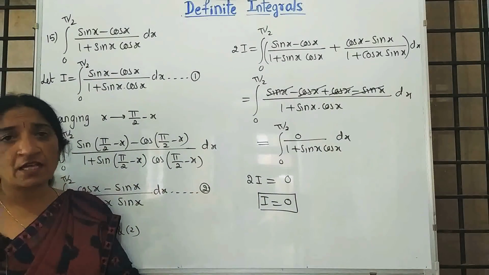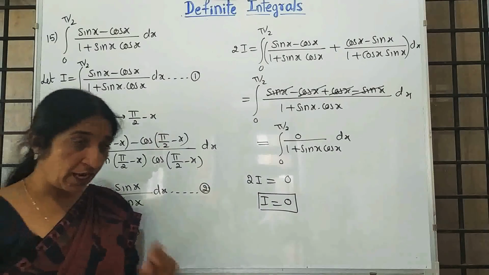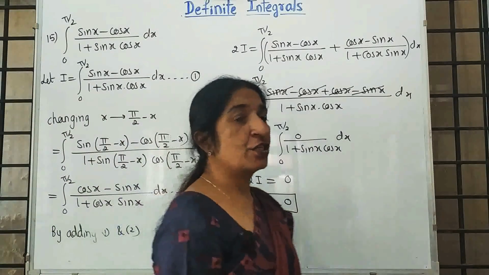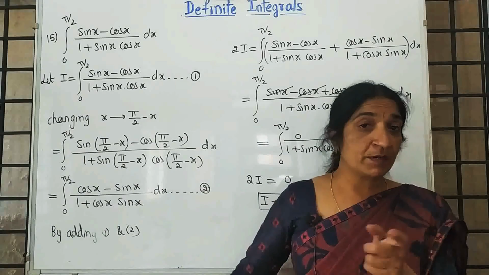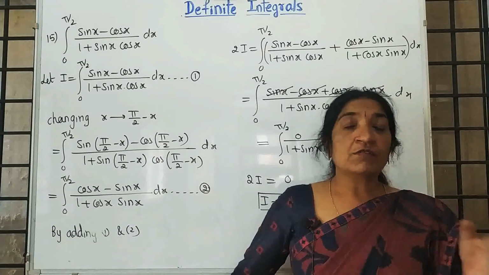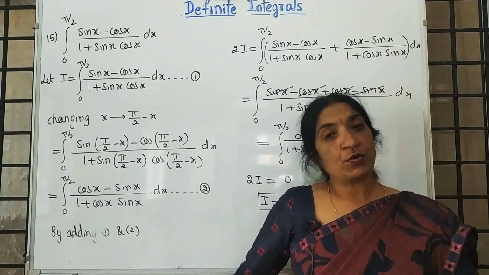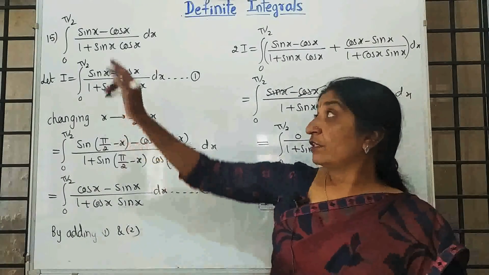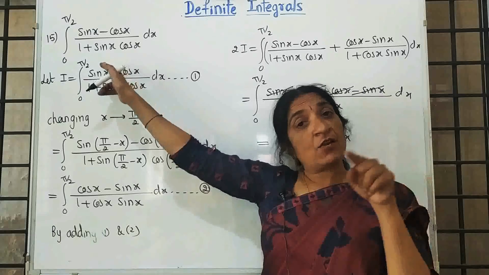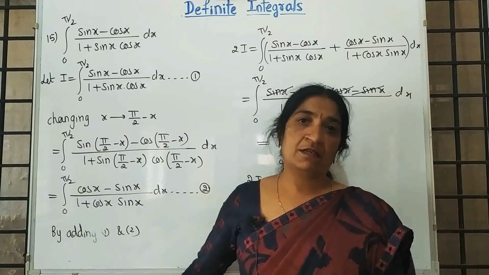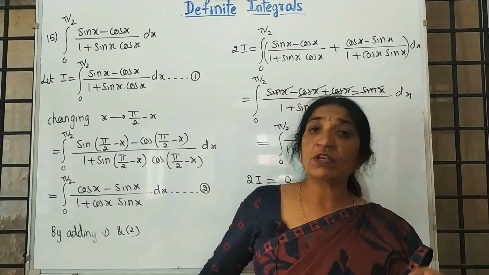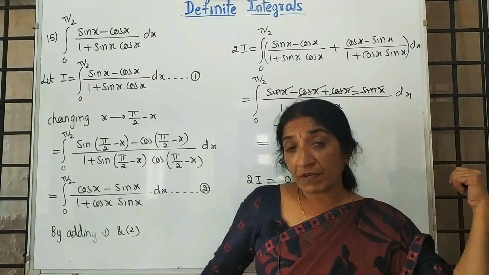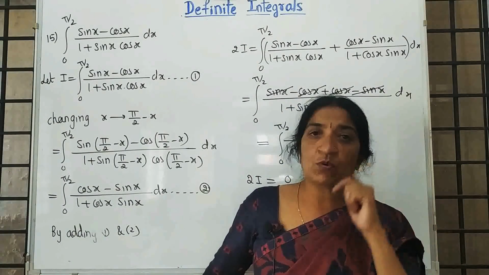Now the students can ask the question, because as I told you, if the integration is 0 to pi by 2 and the problem is in the form of sin and cos, without thinking write down pi by 4, I told in the earlier example. But here you got 0. Why? Because in this problem with sin and cos one numerical number is there. But in the previous example there is no number. We have only sin and cos.